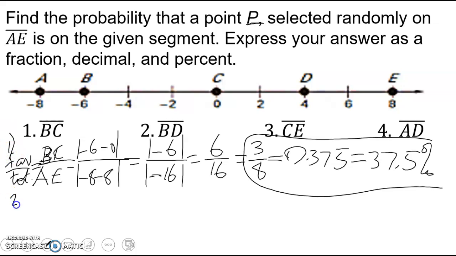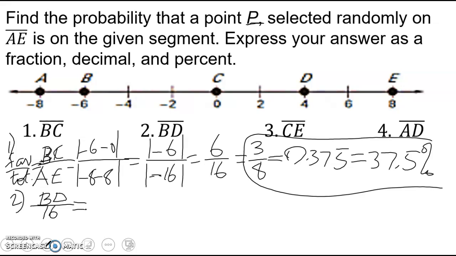Okay, that's number 1. So number 2, since we already know the length of the total AE is 16, it's going to be the same for all of it. So we just need to find the length of BD. Now we don't have the bar because we are finding the distance, or the length of that segment.